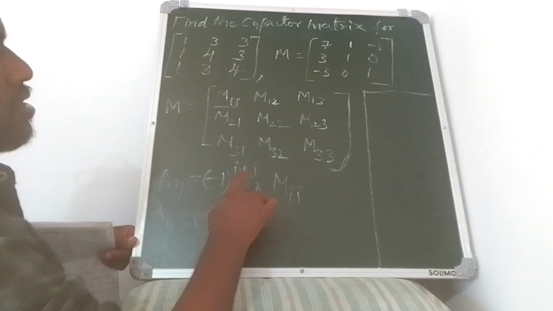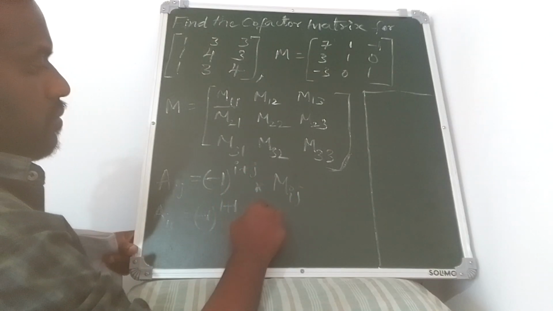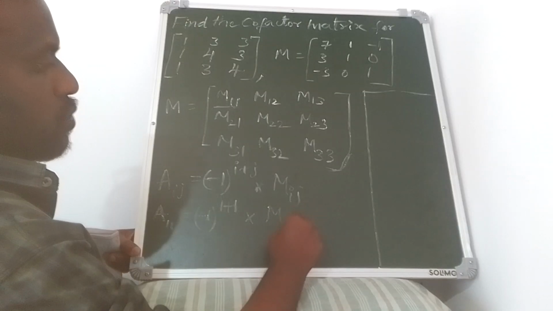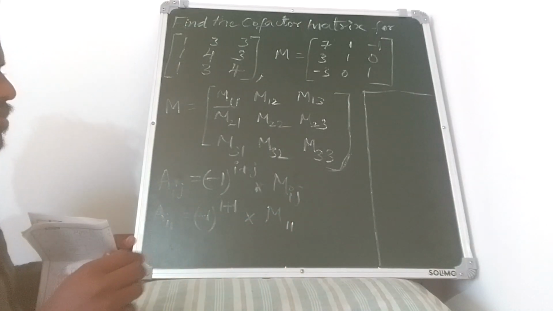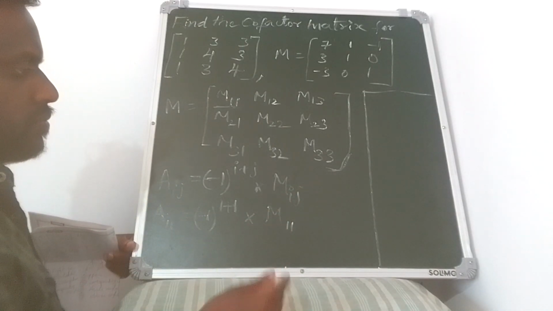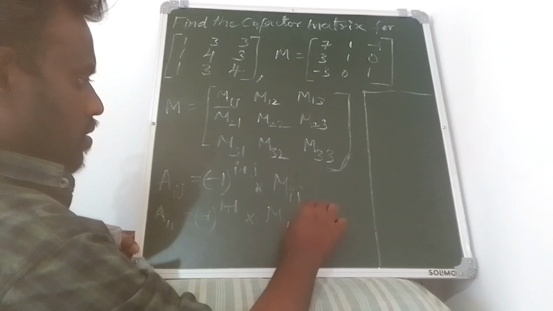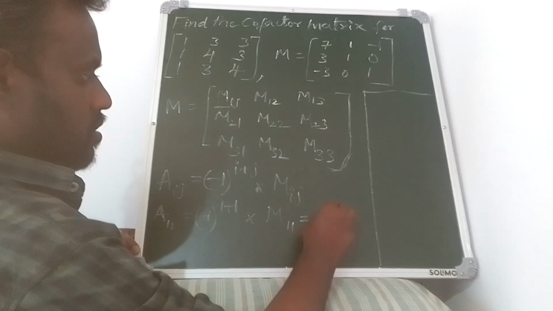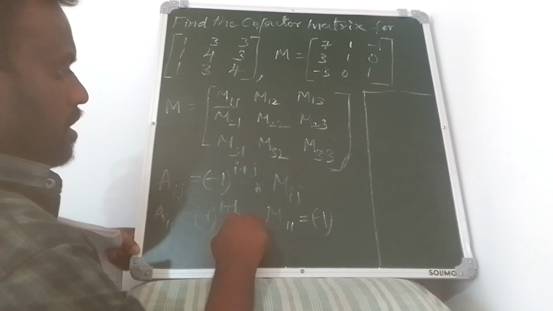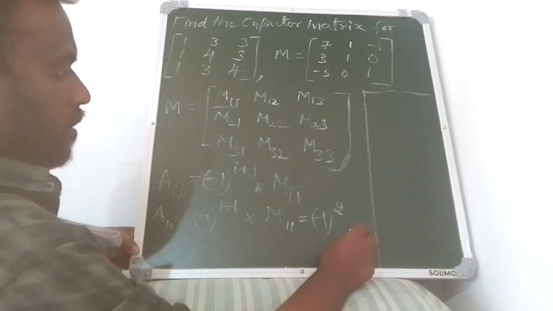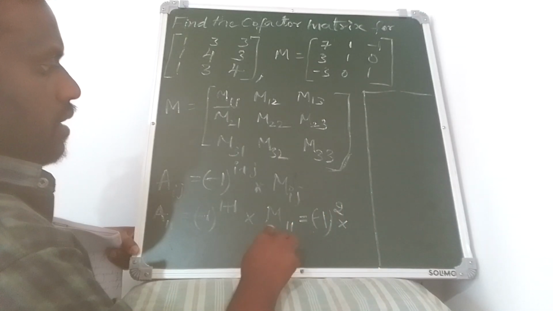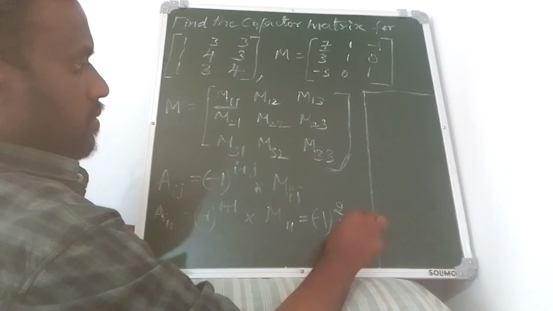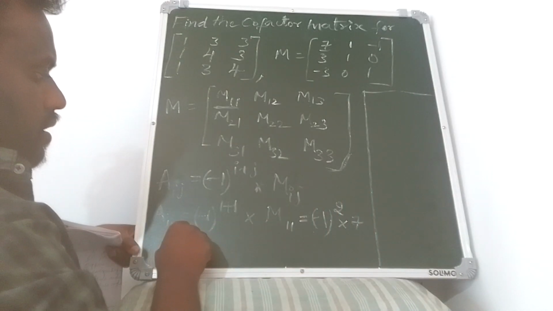I am just substituting values for i and j into Mij. Ij means 11. Now simplify, the minus 1 as it is, 1 plus 1 is 2, into M11. In place of M11 we have 7. Write that.